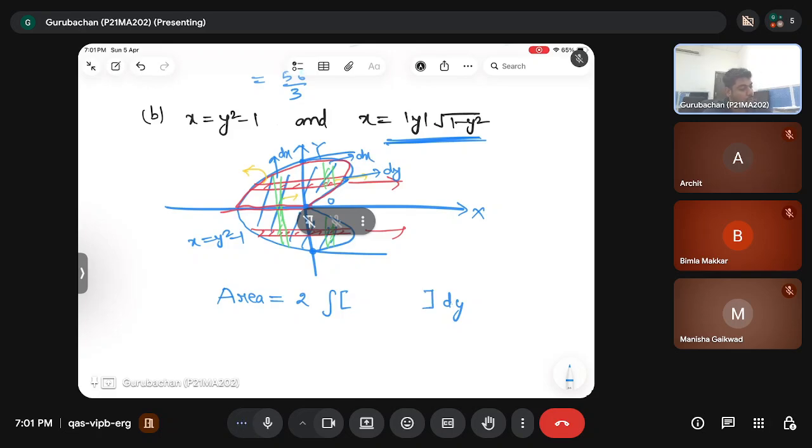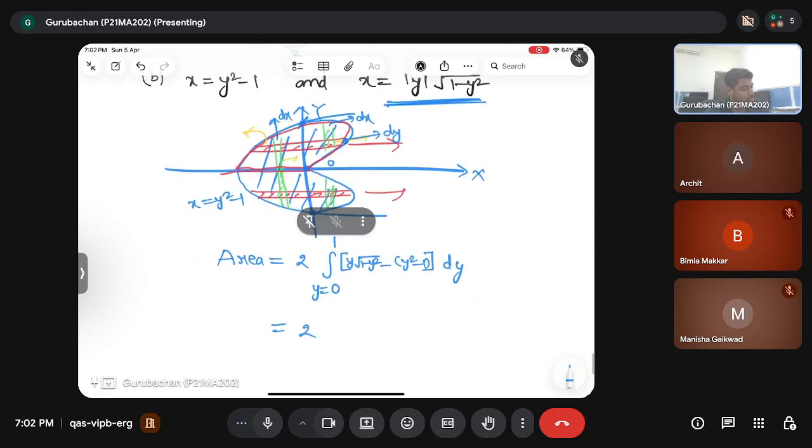Upper curve is positive y under root 1 minus y square, and minus the lower curve, which is this. It starts from y equal to 0 and the upper value is y equal to 1. So obviously it is not that difficult to calculate this integration.